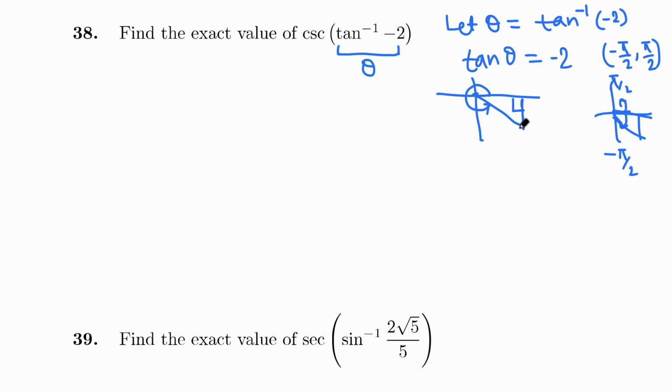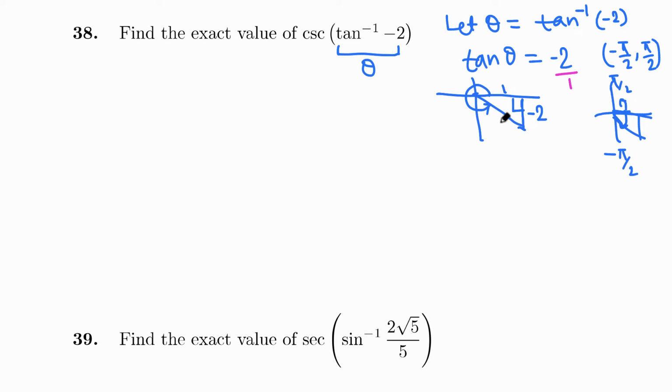So we are working on this triangle, and tangent is opposite over adjacent. -2 means -2/1. Okay, we can think -2/1, and this is opposite adjacent. So on this triangle, opposite is, this is going downward, so we can put -2 there, and adjacent is 1.